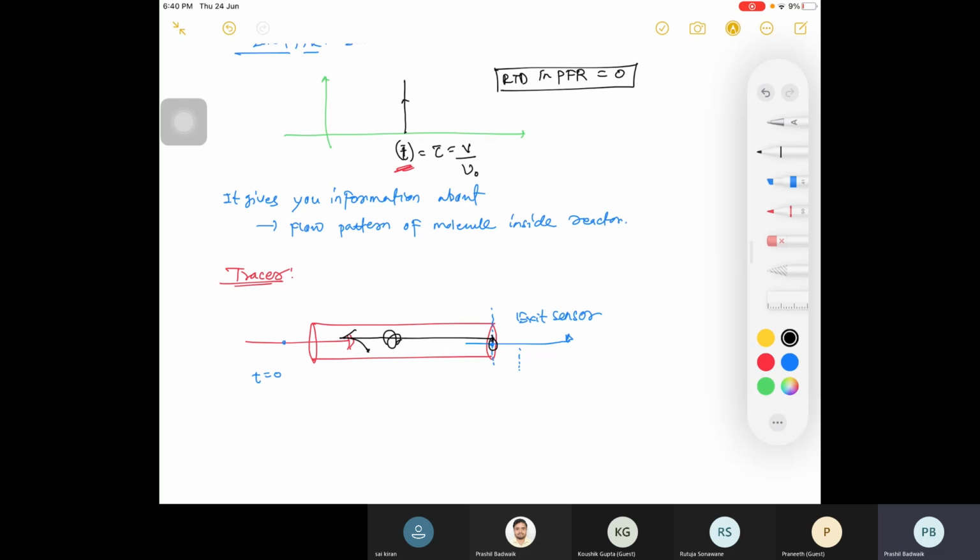Suppose you don't have any sensor, and I tell you to find the RTD. What kind of molecule or substance will you use in real life? What can you use? Inert. We'll be using it.